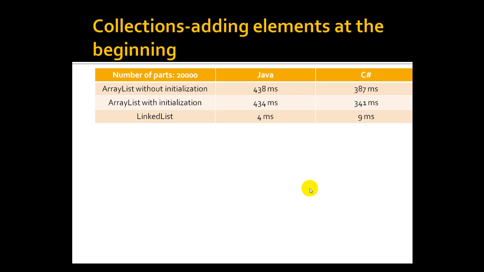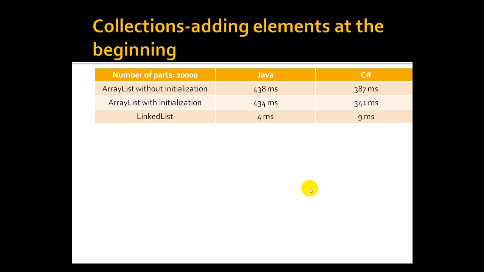Array list without initialization took 438 milliseconds in Java, but it took only 387 milliseconds in C#. Array list with initialization took 434 milliseconds in Java. Again, it took only 341 milliseconds in C#.